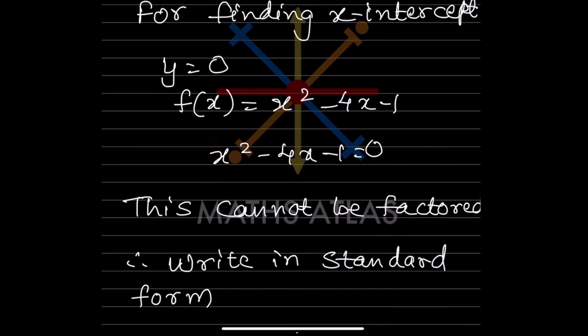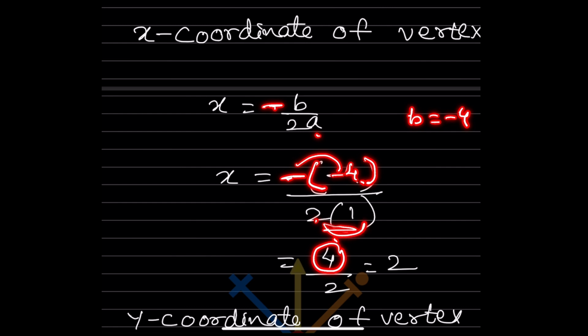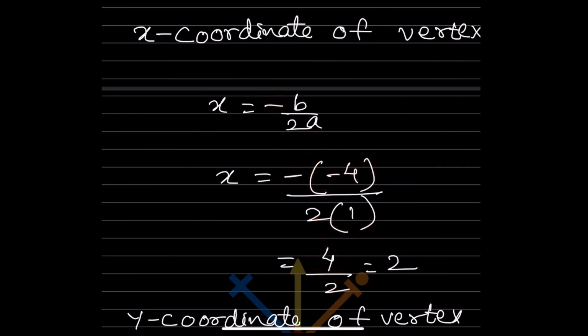So a is 1, b is minus 4. From the formula, minus and minus becomes plus, that is 4, and 2 into a is 2, so this is going to be 2. The x value is 2.